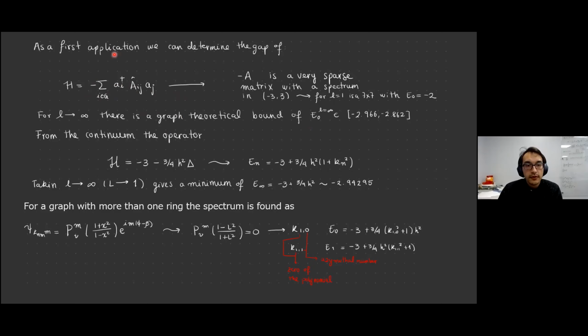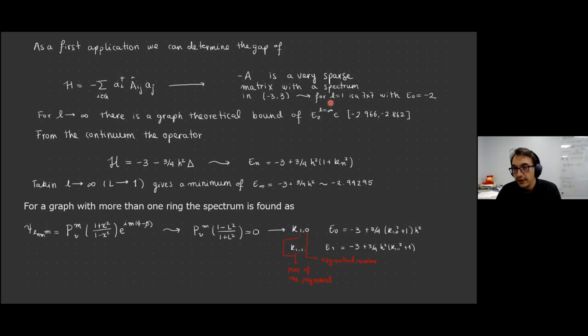So again, this is the Hamiltonian that we start with. And in terms of determining the eigenvalues in the graph, in this quantum mechanical theory, A is a very sparse matrix, so there are very efficient algorithms like the Lanczos algorithm that we studied last time that allow you to diagonalize this matrix.